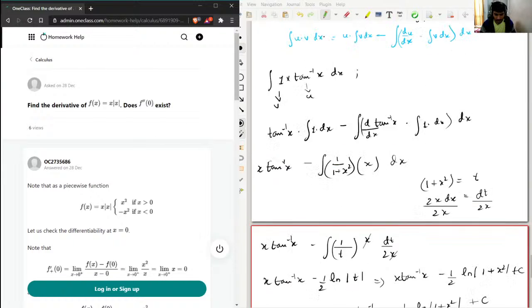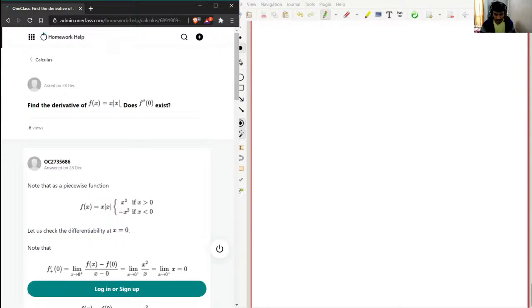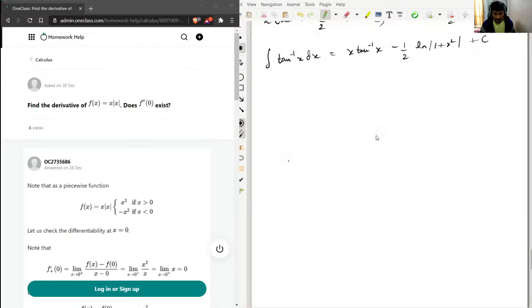Okay, so this was question 2, this will be question 3, and I'll just add one more page. And this I'll choose for red. Find the derivative of x times mod of x.